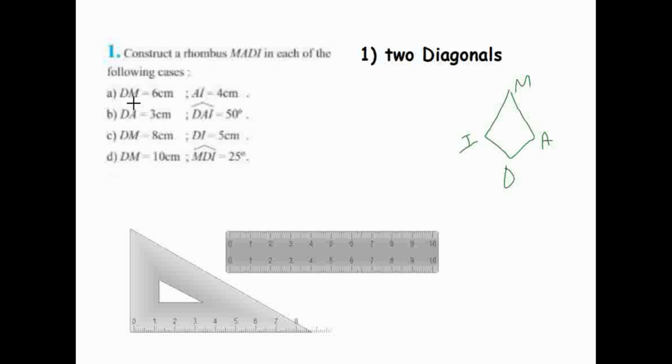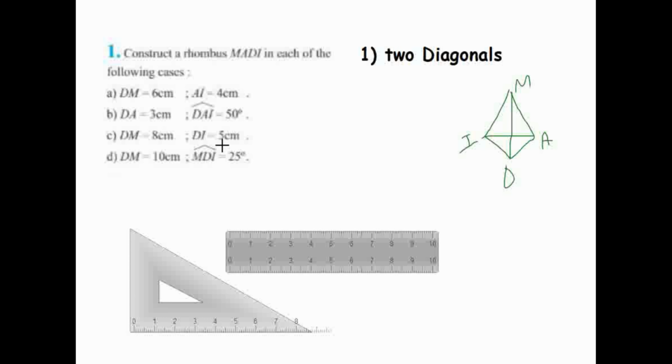What are these DM and AI? DM, yes, this is a diagonal, and AI, this is a diagonal. So you draw this on a draft paper and ignore it after that, just in order to know whether the given segments are the sides or the diagonals. So given these diagonals, we are going to draw.